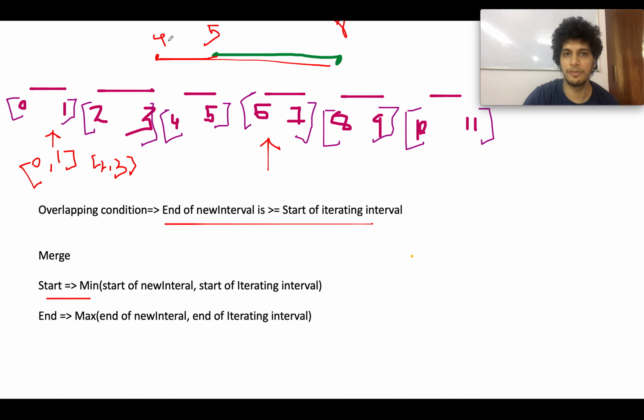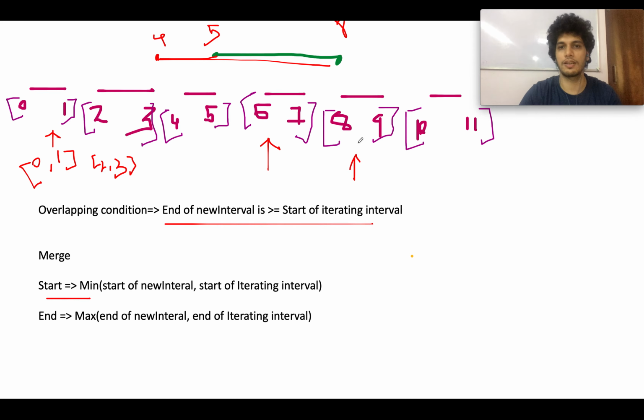So minimum of 4 comma 6 is 4. Start point remains as it is. The end of the merge interval is 7 comma 8. So the maximum value is 8. It remains as it is. You move ahead. Your merge interval didn't get updated. It stays as 4 comma 8.